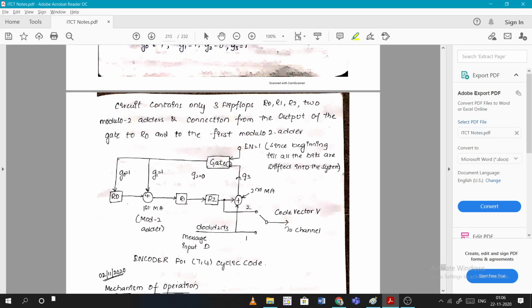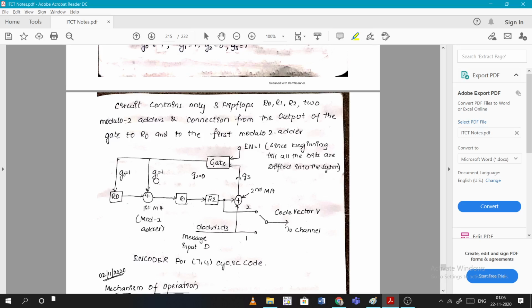Now next we need to draw the circuit. For the circuit, there will be registers. First we need to decide the number of registers. How do we know how many we'll get?